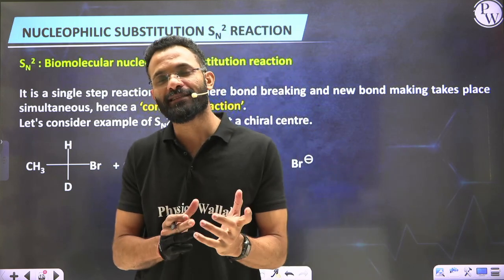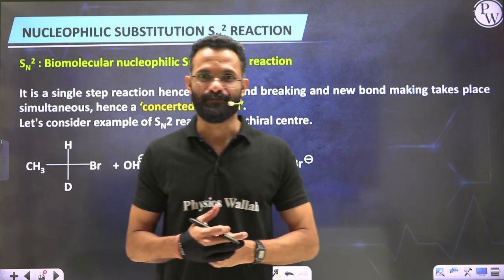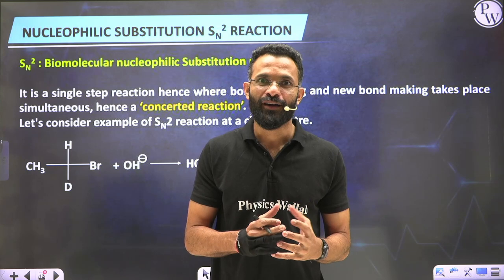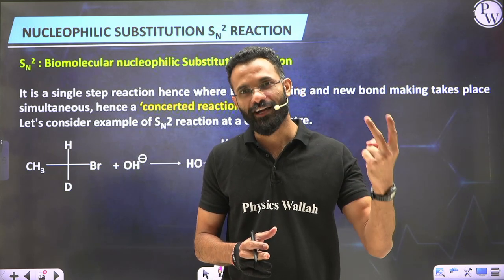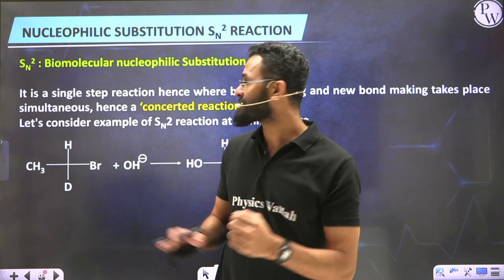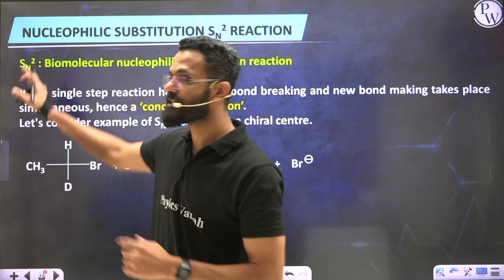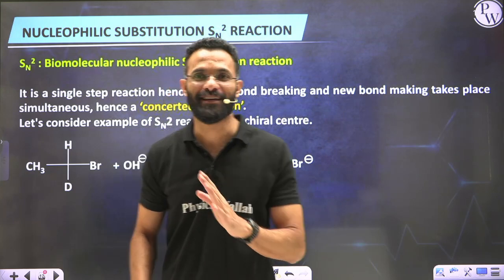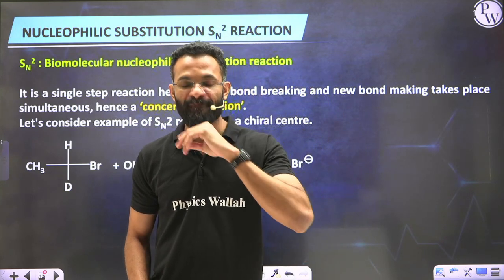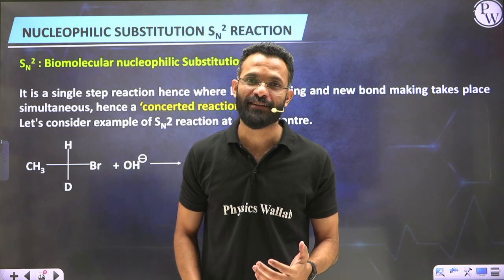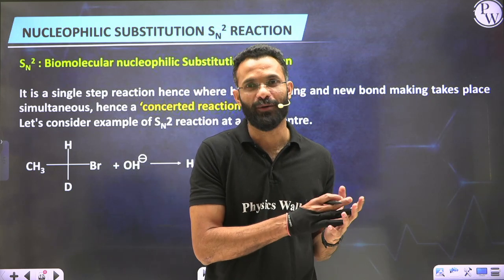Now, let us learn this in a similar pattern to how we learned SN1. First of all, we understood that SN1 is a two-step reaction mechanism. Similarly, SN2 is a one-step reaction mechanism. So it's a single-step reaction. Secondly, the key feature of the SN1 reaction mechanism was formation of carbocation.